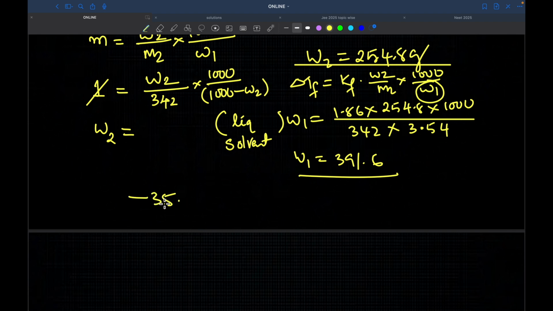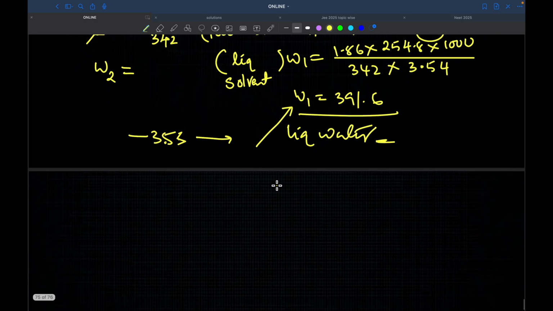At this temperature of -3.54, this much liquid water is present in it. So what is the weight of the solution taken? 1000 grams.